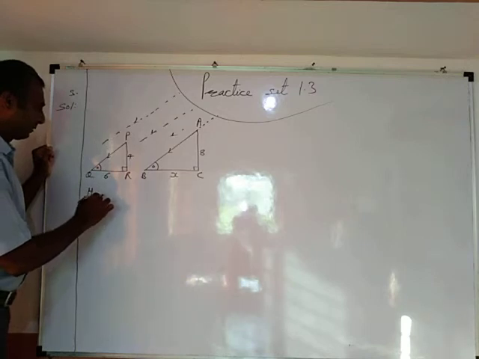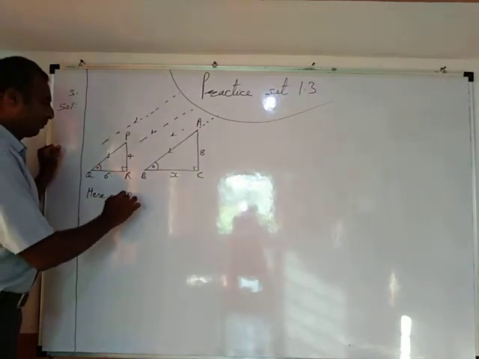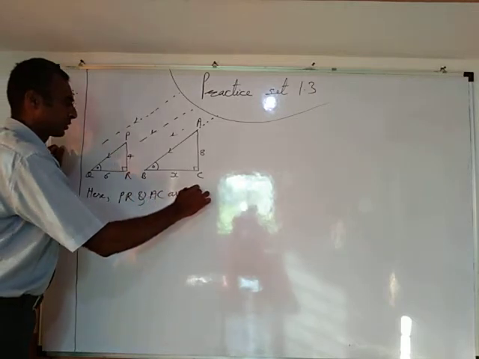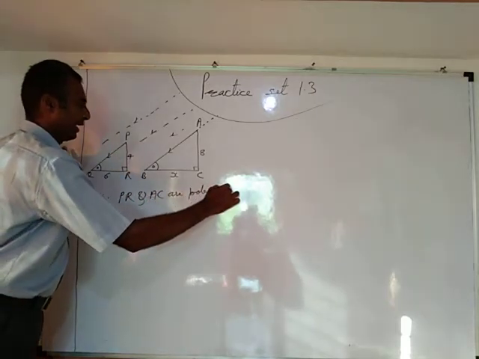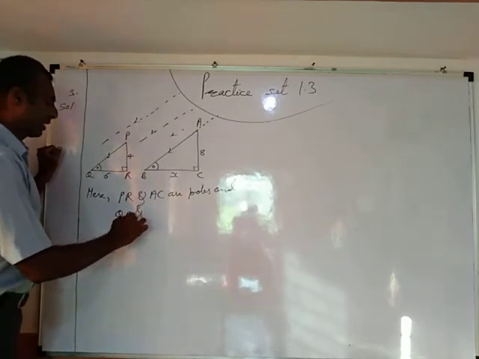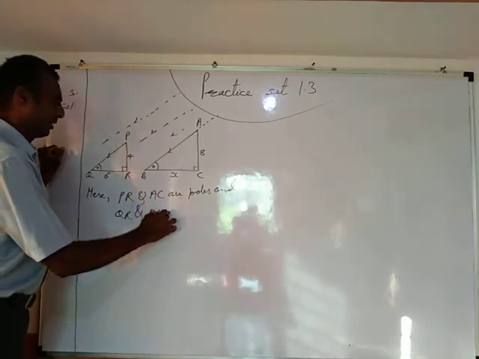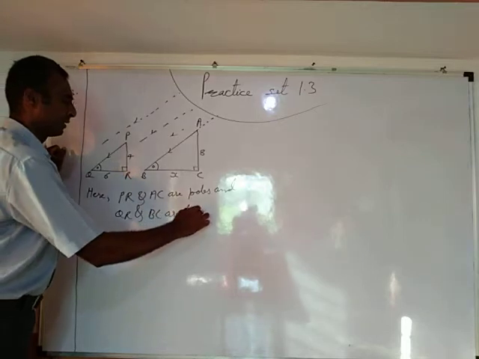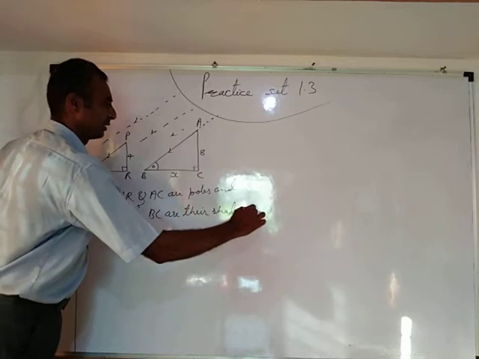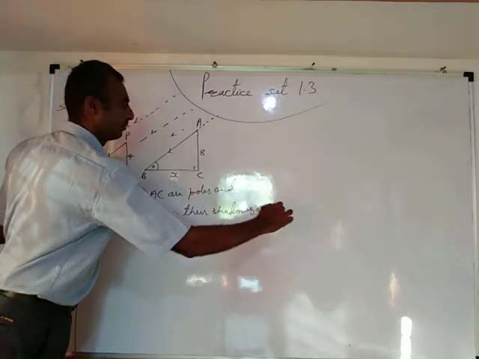Here PR and AC are poles and QR and BC are their shadows respectively.